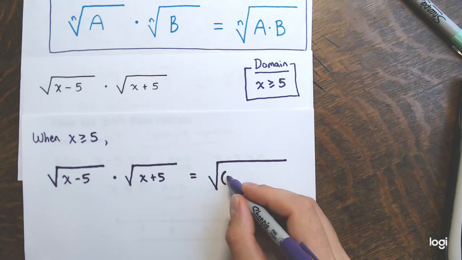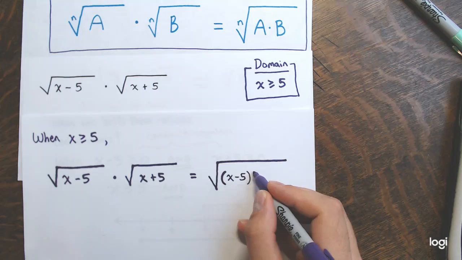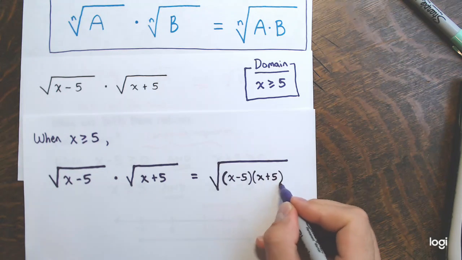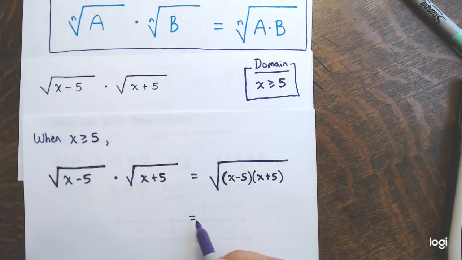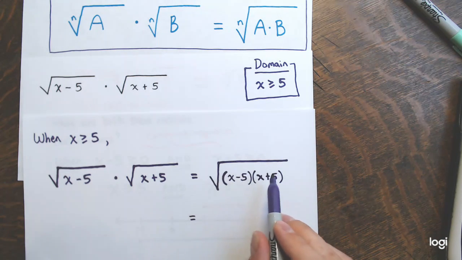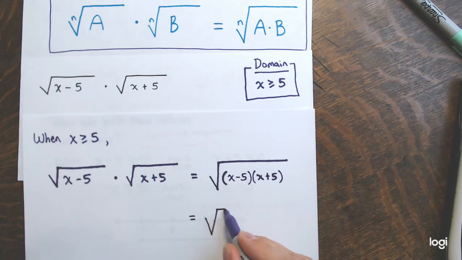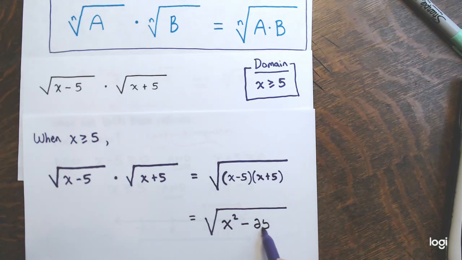So one factor, x minus 5, times the other radicand, the quantity x plus 5. If we simplify this, actually FOIL, distribute the x, distribute the negative 5, or you can think, hey, these are two binomial conjugates. The conjugate of x minus 5 is x plus 5. This is the square root of x minus 5 times x plus 5, which is x squared minus 25. And this is it right here.